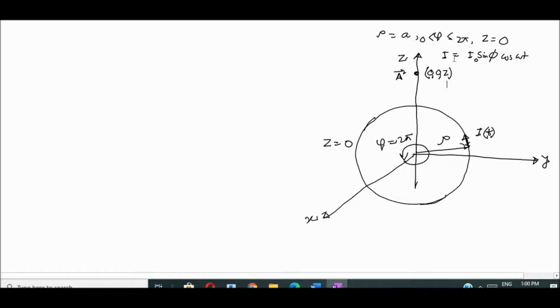This point has coordinate values 0, 0, z. So we need to find the potential A, and the expression for A is mu, the retarded current I, dl over 4 pi, magnitude of R vector minus R prime vector.